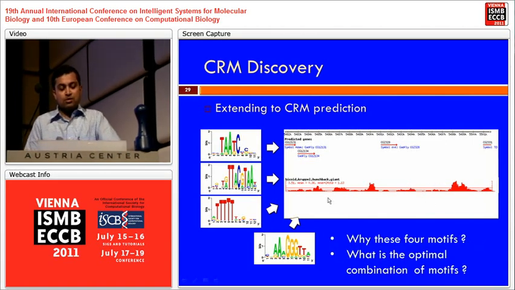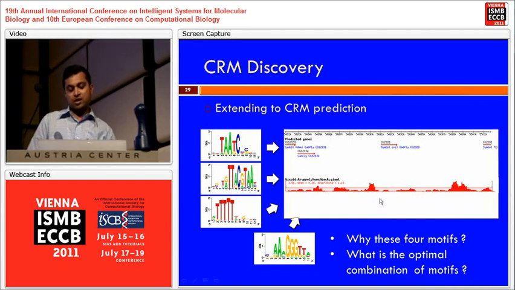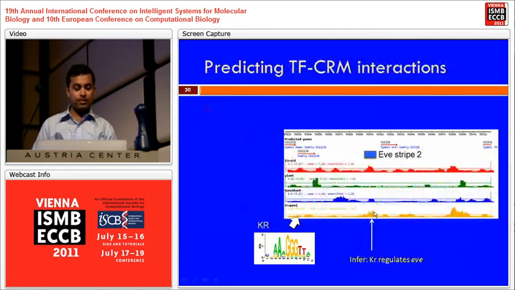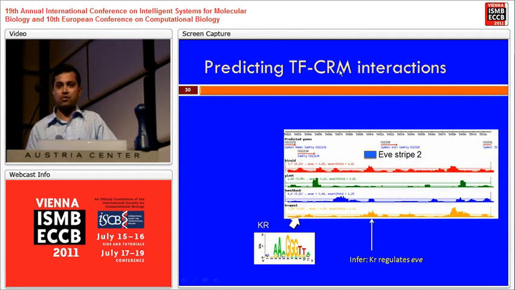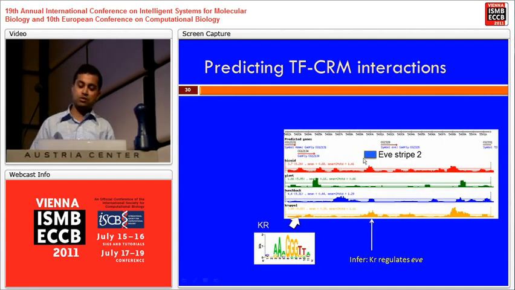But this is an entirely sequence-driven approach, and it's not clear what the optimal combination of motifs is that we should be using. Why these 4 motifs in order to predict CRMs? Similarly, in order to predict interactions between transcription factors and CRMs, what you could do is go to a CRM, note down which motif has a strong presence in that CRM, and based on that, you say that the corresponding transcription factor is regulating that CRM or the gene.